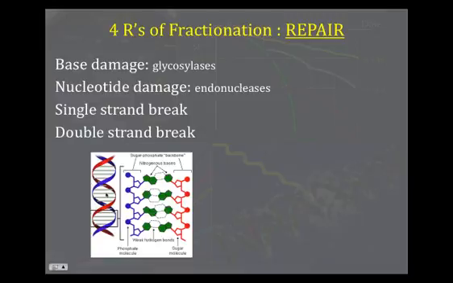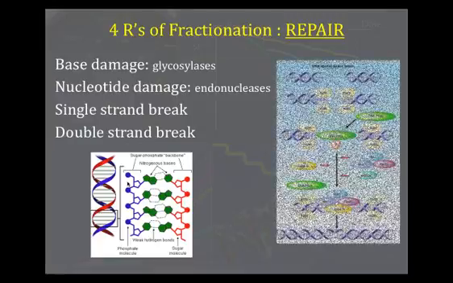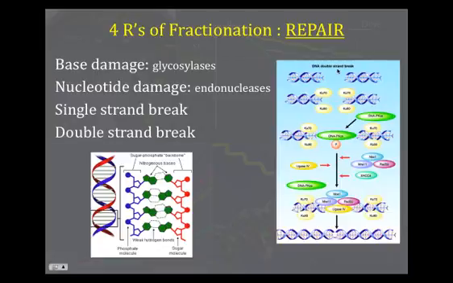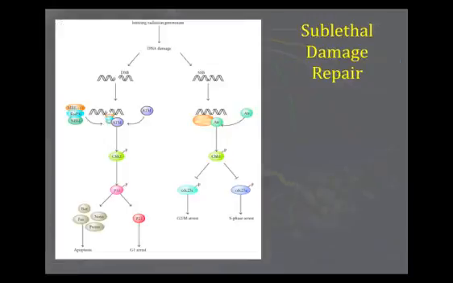Then we can have single strand break DNA, and finally the lethal lesion, the double strand break DNA. But even the double strand break DNA, the cell still tries to repair it, but it's not successful on that task. So here we see that the double strand break, the cell will try to repair and recruit different DNA enzymes.